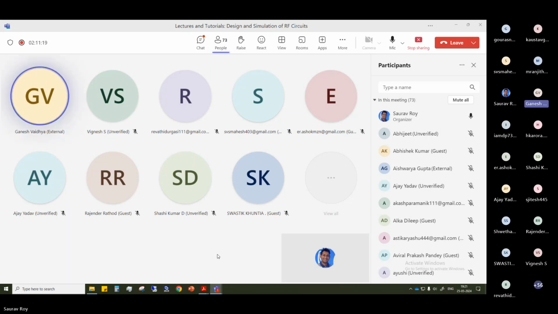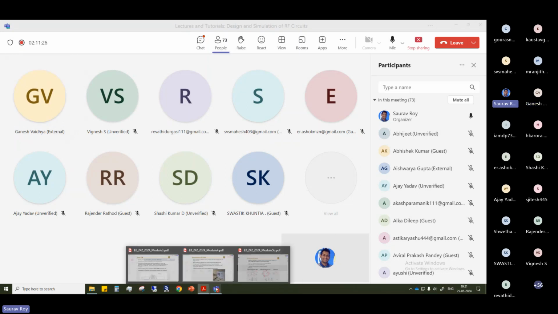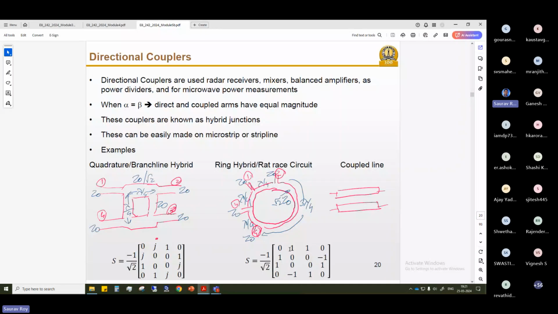So what will be the losses? The losses will be 3 dB, right? That is what I'm saying here. You see the S parameter here. The S parameter shows 1 by root 2. If you take 1 by root 2 in the log scale, it means 3 dB, because it's dividing the power. If you give power at port 1, it will be divided between port 2 and 3.